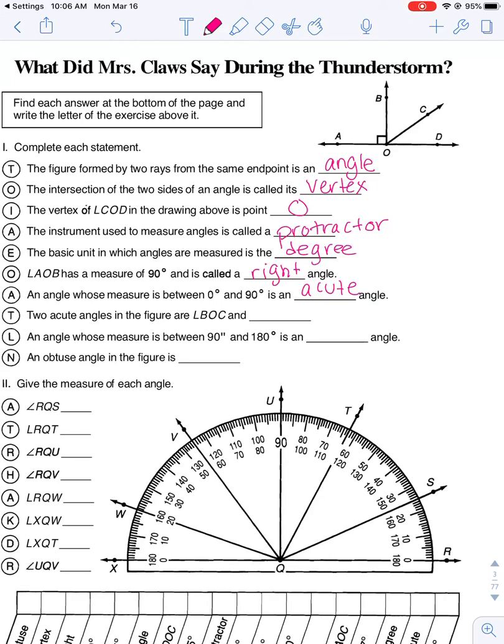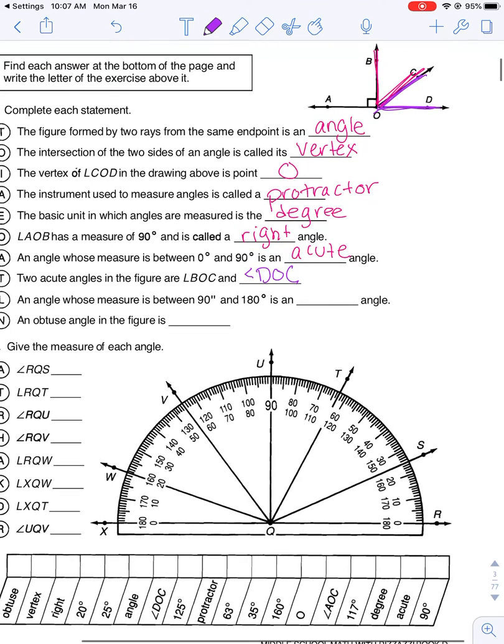Two acute angles in the figure are BOC, so that's this guy, and then also this guy in purple, so that's angle DOC, or you could say COD. It doesn't matter which way you call it, but in the puzzle at the bottom, they use DOC. So that's the way that I am going to do it. And you can see how the angle symbol is really supposed to look. It's not really like an L like how they have it.